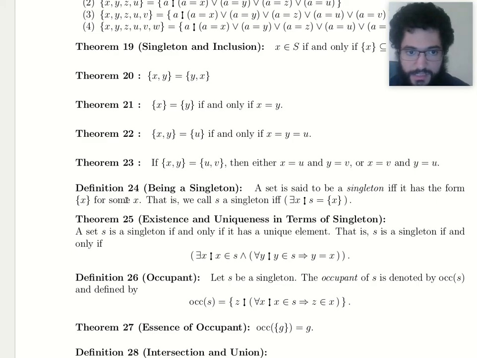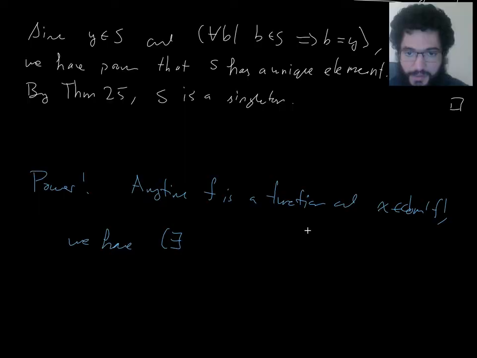Being a singleton, there exists some y, say, such that the set of y's that get associated to the input x is actually just singleton y.